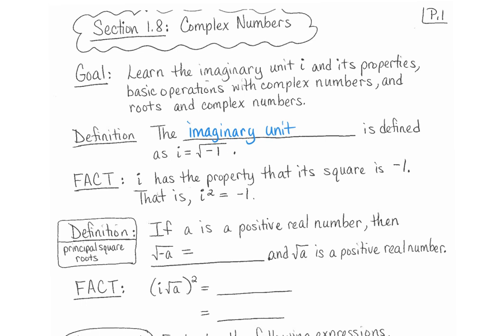This you're going to use regularly throughout this section. i is equal to the square root of -1, so make sure you remember it. i has the property that its square is -1. So in particular, i squared is equal to -1.